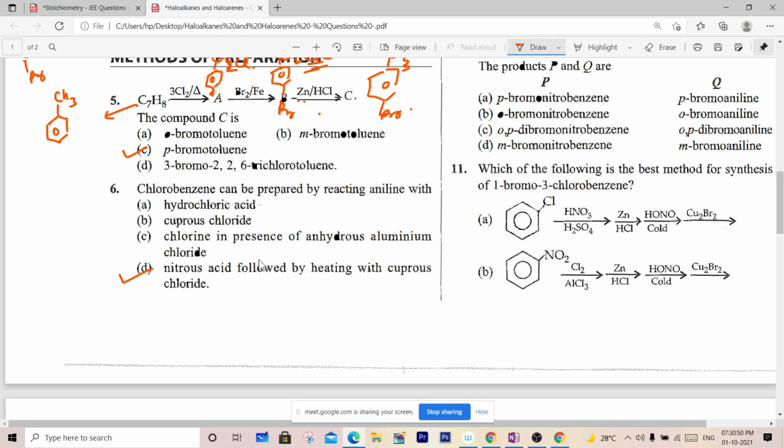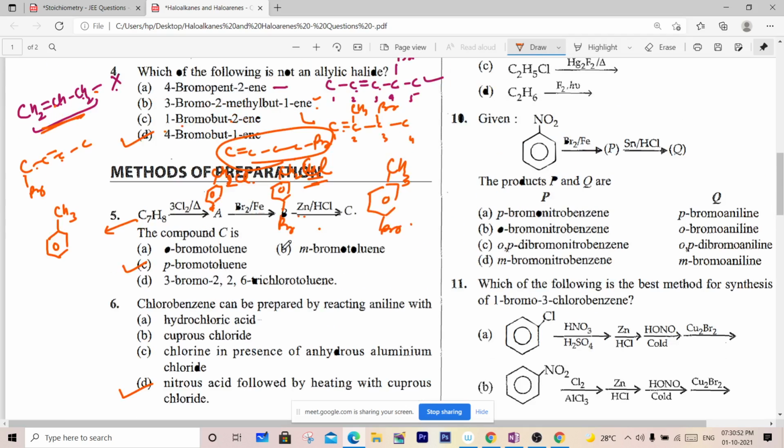Okay, then I told you to do the 10th and 11th question. Tell me the right answer here. This causes the minus R effect, so it is a meta director. It means P should be meta bromo. And this is a reducing agent, so NO2 will now be reduced to aniline here.